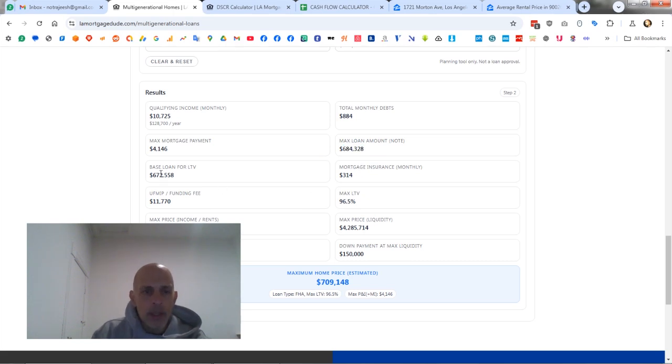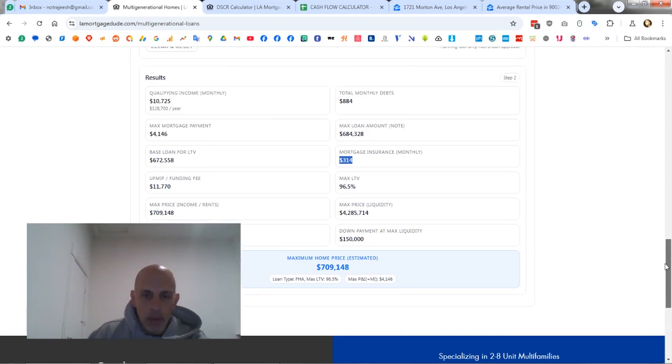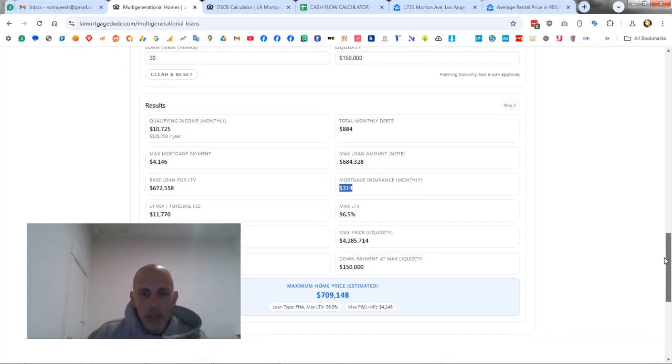Because this is an FHA loan, you're going to have to do upfront mortgage insurance. So that means your loan amount is actually that much, and you've got $314 going towards mortgage insurance. Your max purchase price, therefore, is $709, and your minimum down payment is $25,000, not including any of the other closing costs, of course.